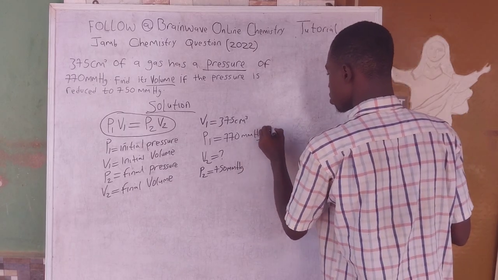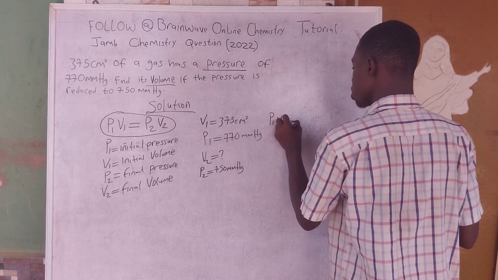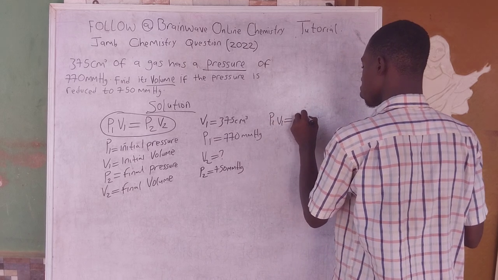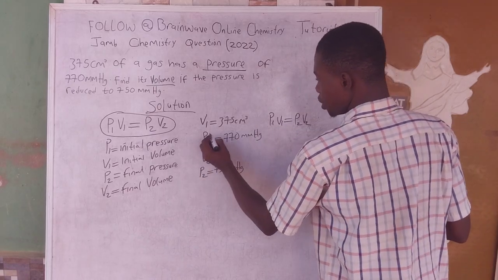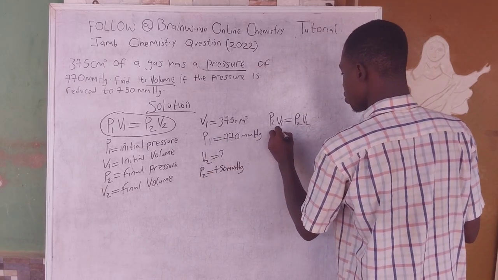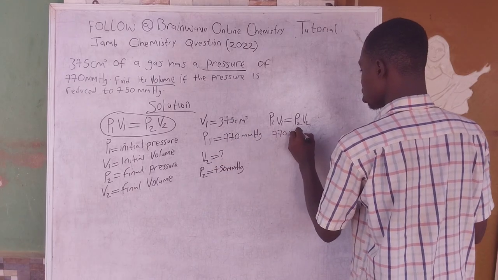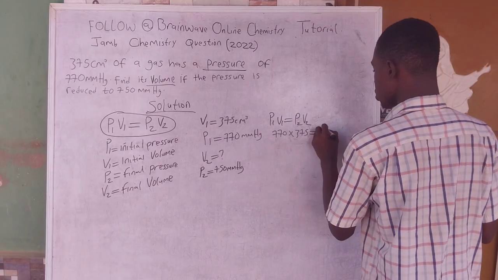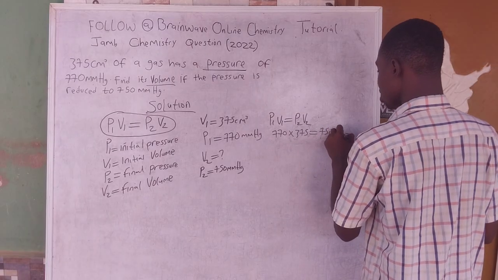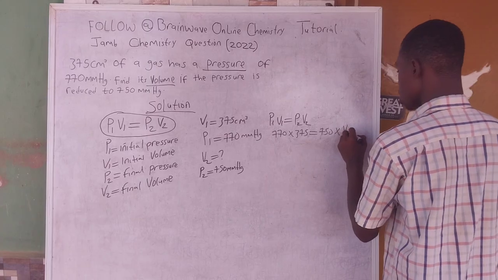Now let's go through the calculation. Because P1 V1 is equal to P2 V2, P1 is 770 times V1, which was 375, is equal to P2, which is 750, times V2. We're looking for V2, so we don't know it, it's unknown, so we just put it.